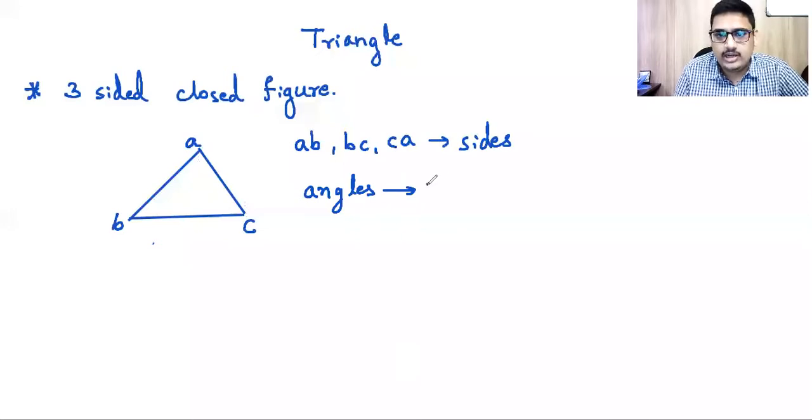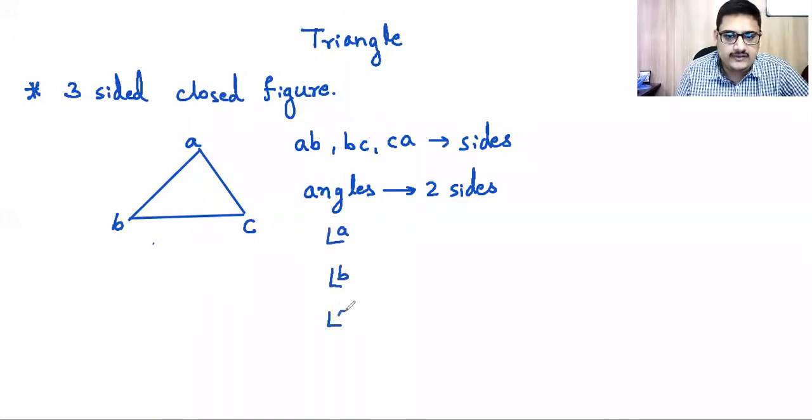Angles are always bounded by two sides. Remember this. For example, if I say angle A, angle B, angle C, the actual meaning is this angle A is bounded by lines AB and AC.